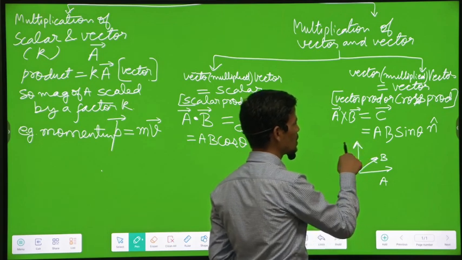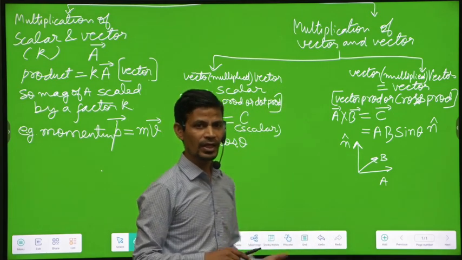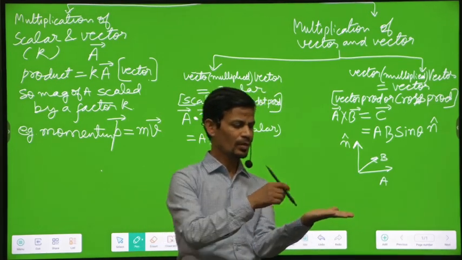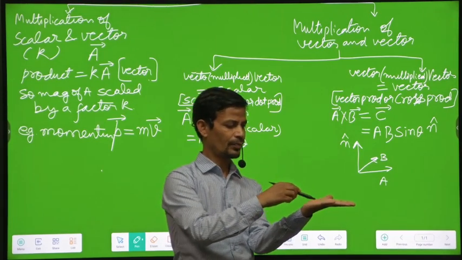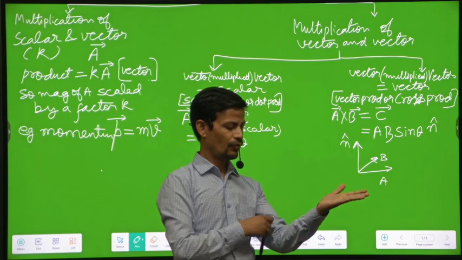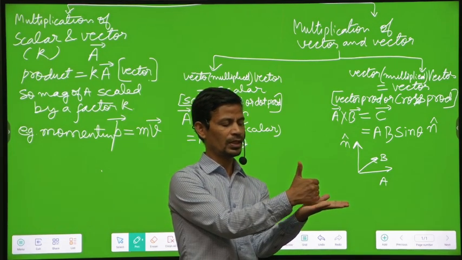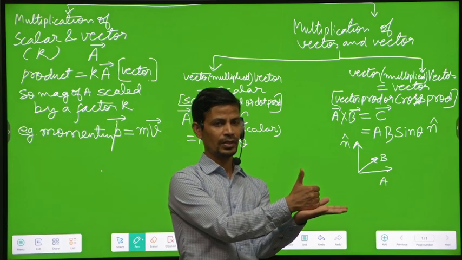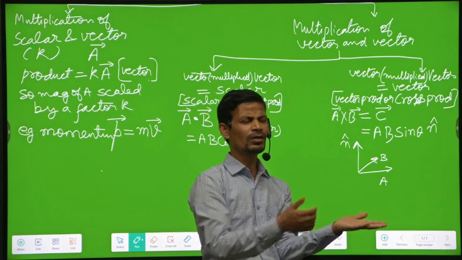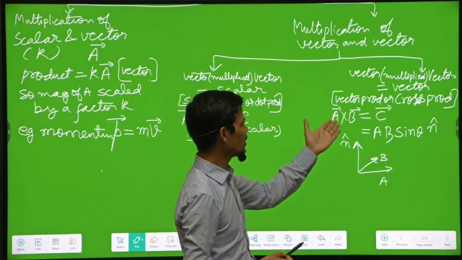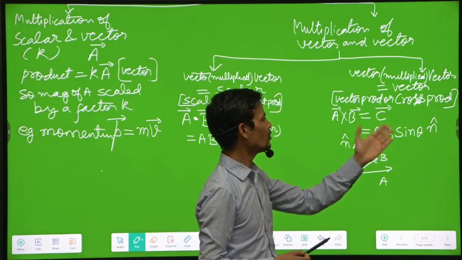So this is that unit vector n cap. So if in my palm this is vector A, this is vector B, and I curl my finger from A to B, then direction of thumb will give the direction of their unit vector or their vector product. Ultimately, their product is this. So this is the direction of their vector product.